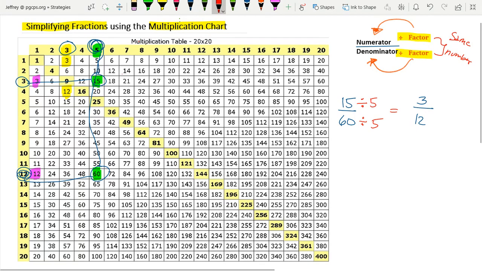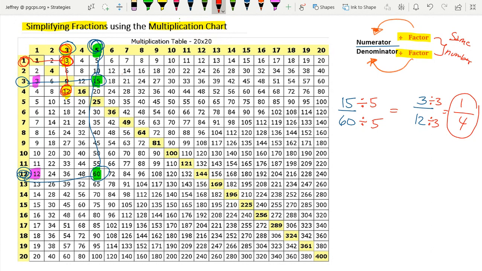So I'm going to divide 3 by 3 and 12 by 3. So 3 divided by 3, we know it's 1, and 12 divided by 3, we know it's 4. And this is our simplest form. Now remember, 3 divided by 3 gives you 1, and 12 divided by 3 will give you 4.